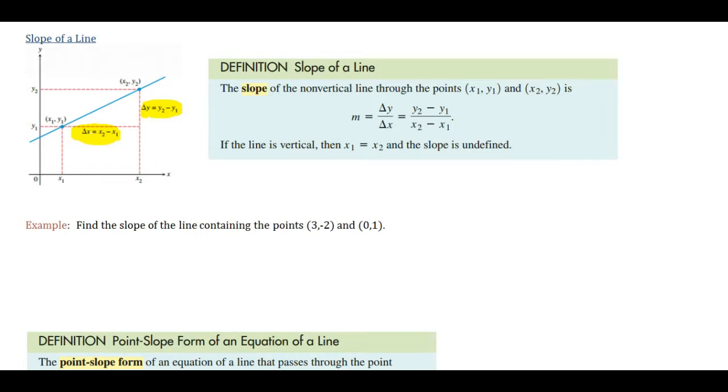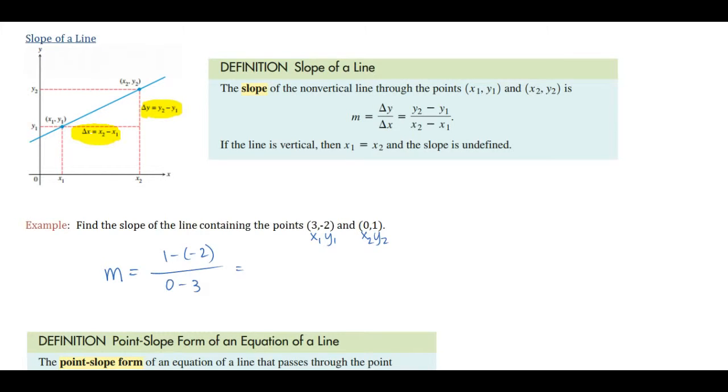So when you do that, if I give you an example right here, if I want to find the slope, then just remember I got to label one of these points x1, y1, and one x2, y2. It doesn't really matter which one you pick. Pick your favorite, but then go ahead and figure out what the change in their y values are. For me, that would be 1 minus a negative 2. And on the bottom, 0 minus 3.